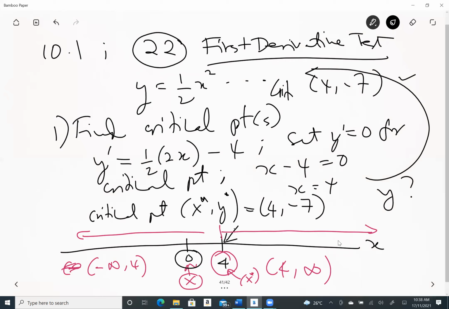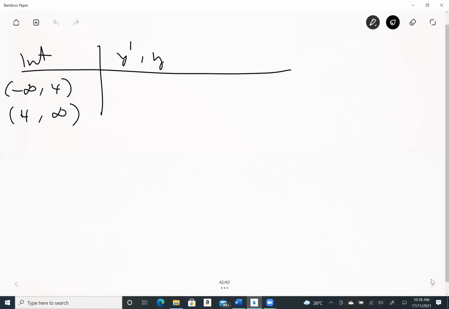And then for 4 to infinity, you can take 5, which is the lowest, or you can use 10. Okay, so for the first interval, you can take 0, easy. So let test point x equal to 0. So what is our y prime?